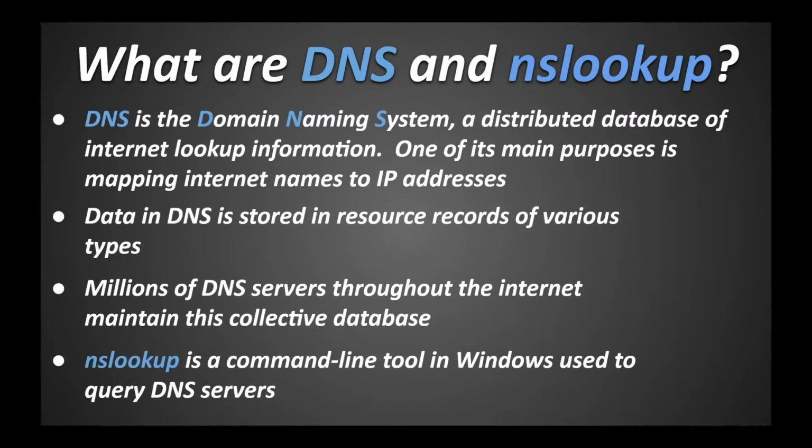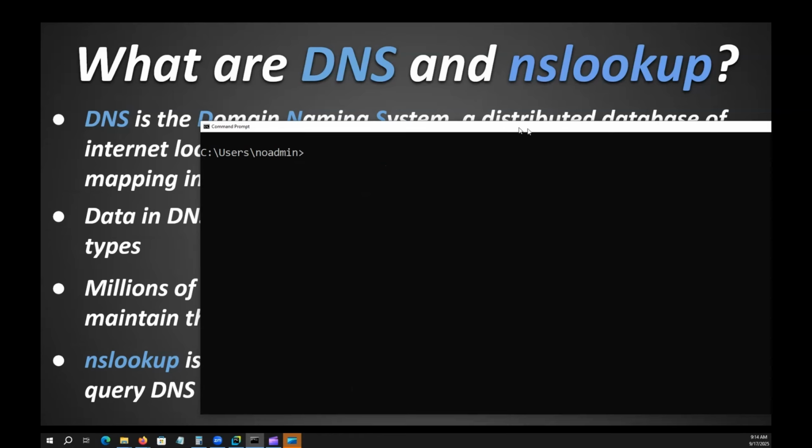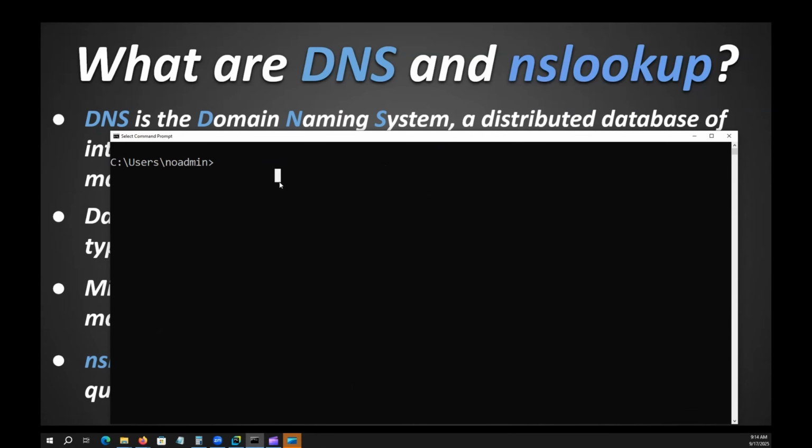I'm actually going to show you NSlookup here real quick before I check out another slide. Here's your Windows command prompt. I'm going to show you a couple of quick runnings of NSlookup. Here I will just query google.com using actually Google's server.